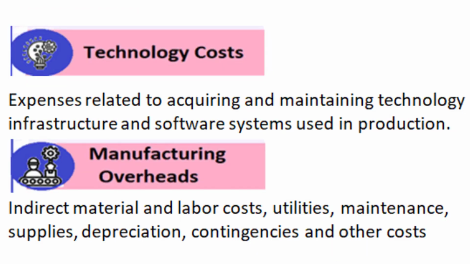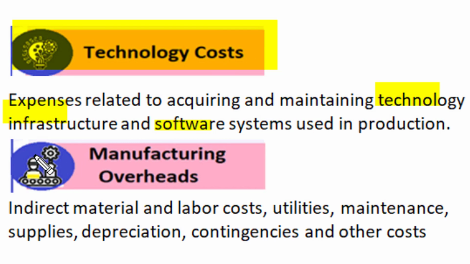Modern production processes need a sound technology infrastructure and software support system in their activities, and expenses which are related to acquire and maintain such technology infrastructure and software system is known as technology cost in production.